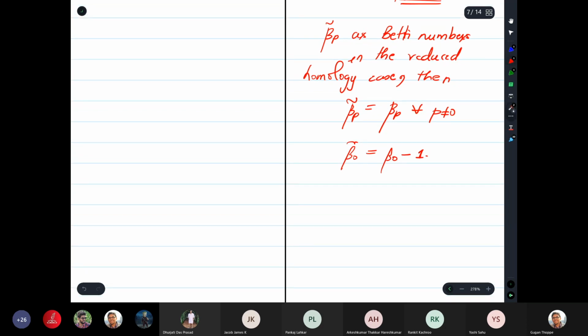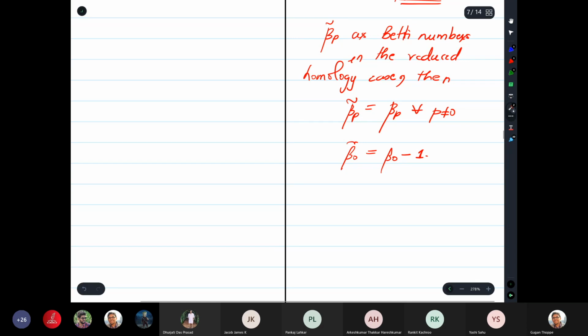So I want to write something like this. That's why when we are working in the reduced homology case, once in a while we may represent the Betti numbers with the tilde notation. This is only when we want to talk about the Betti numbers of the reduced homology and the usual homology side by side. That's why I'm using different notation.